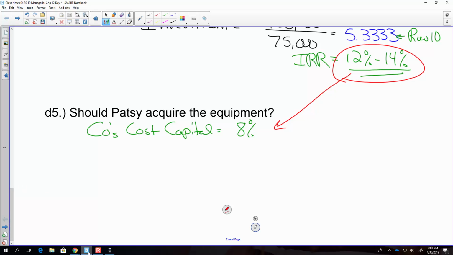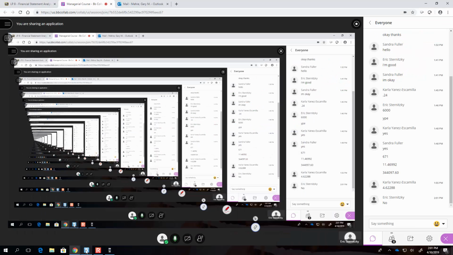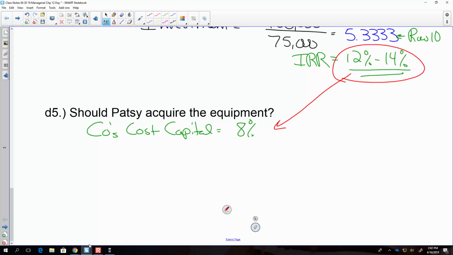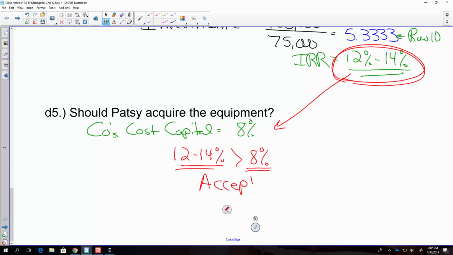Eric, should I take the project? Actually, yes, we should. If my internal rate of return between 12 and 14 is greater than the company's 8% required rate or cost of capital, I should accept this project.